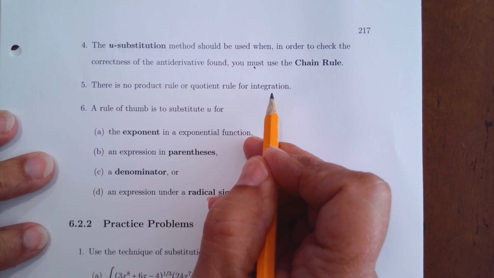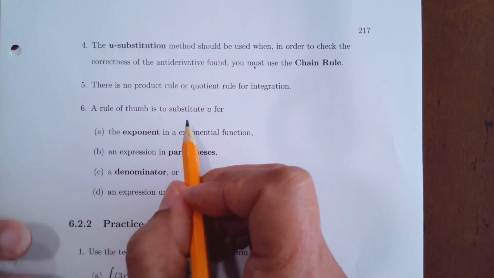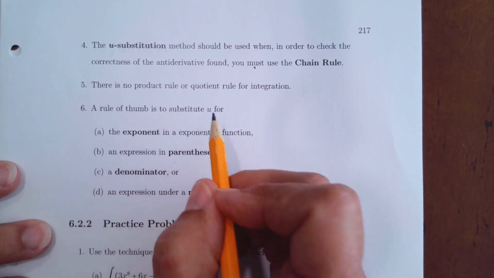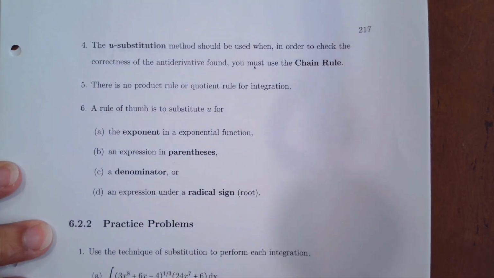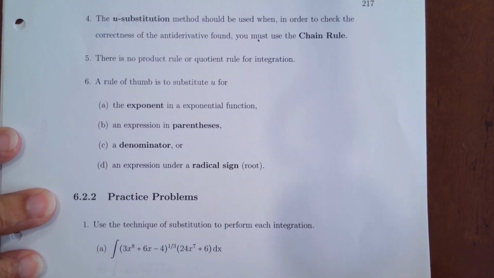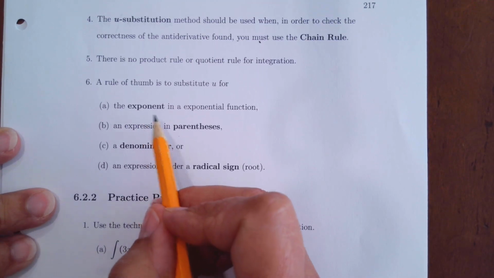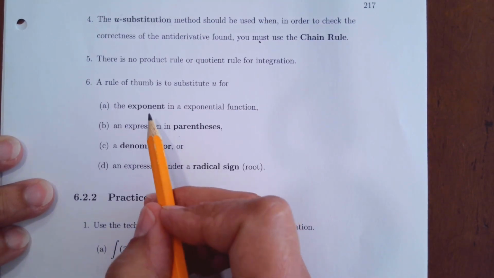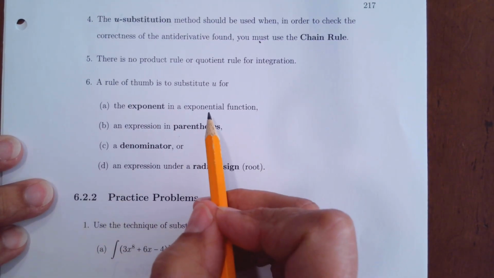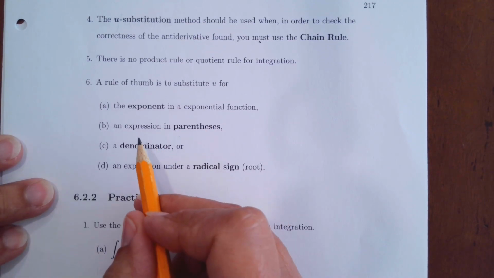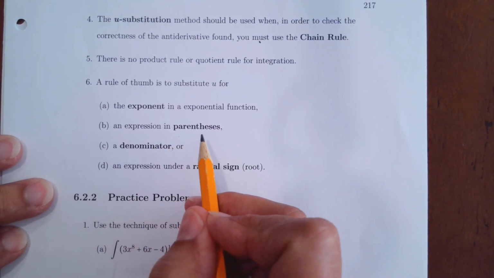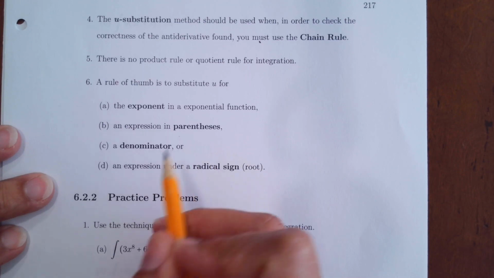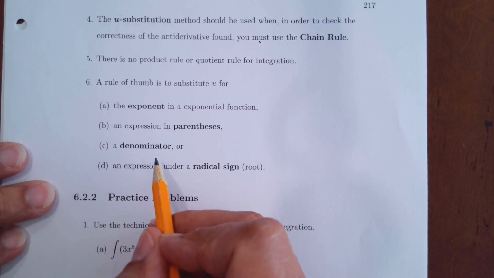Now, here's the rule of thumb when you're substituting in for u. What are you going to let u be in the problem? So u is either going to be what the exponent is in an exponential function. We're going to use any expression that's in parentheses. We might use what's in the denominator.